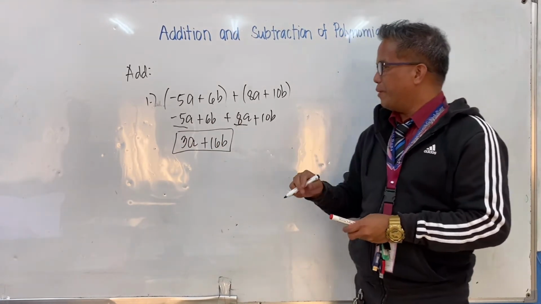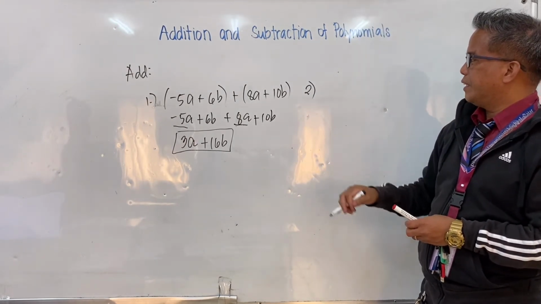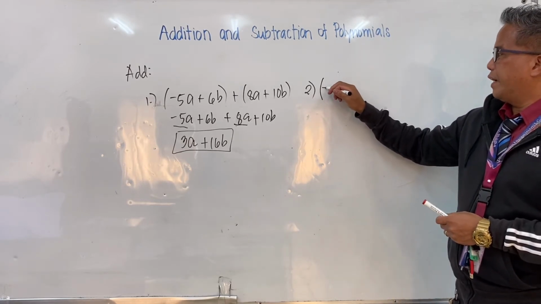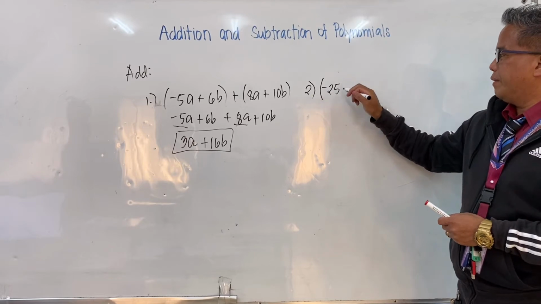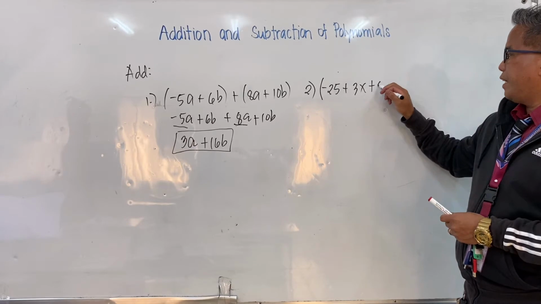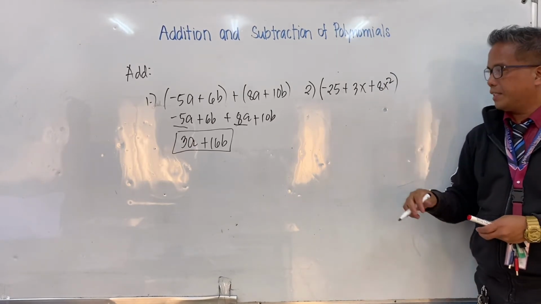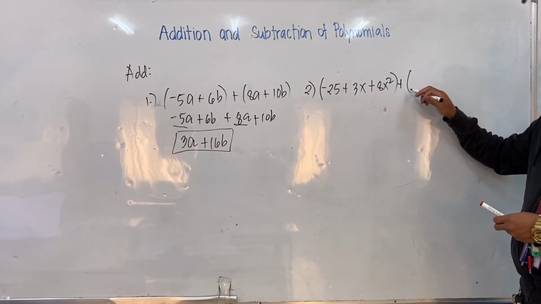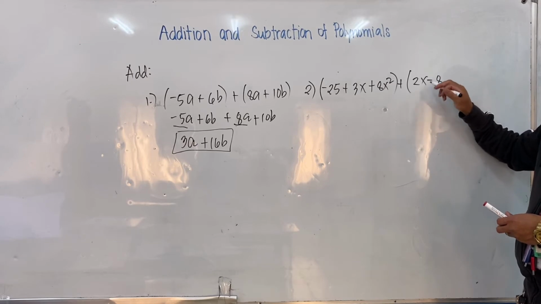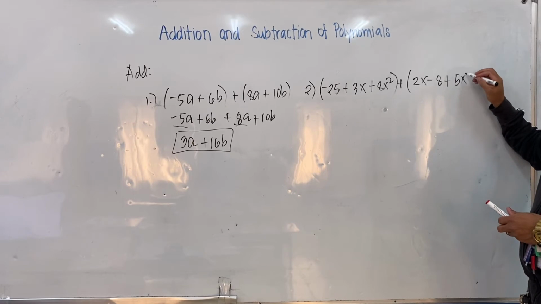Another example, number 2. How about this? If we have the quantity negative 25 plus 3x plus 8x squared, and then plus the quantity 2x minus 8 plus 5x squared.